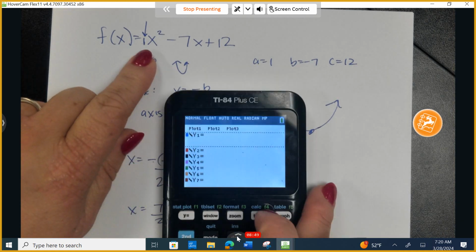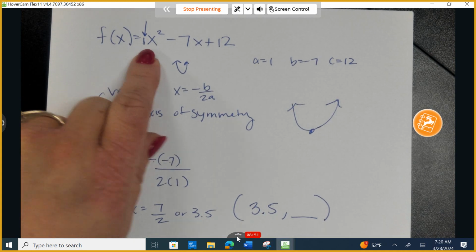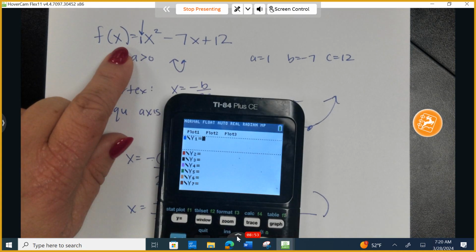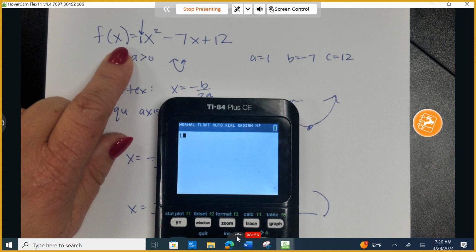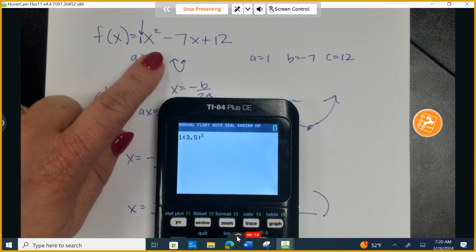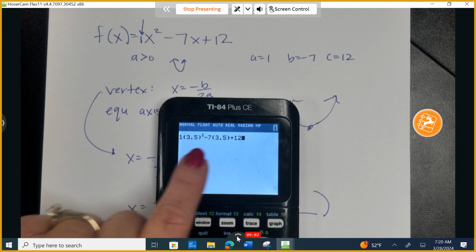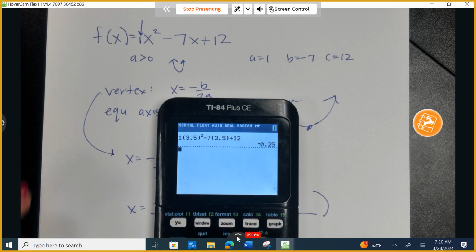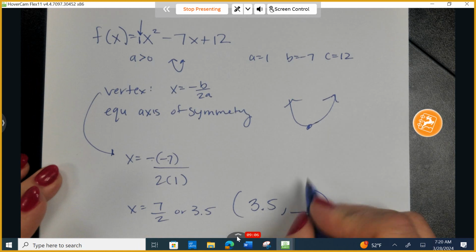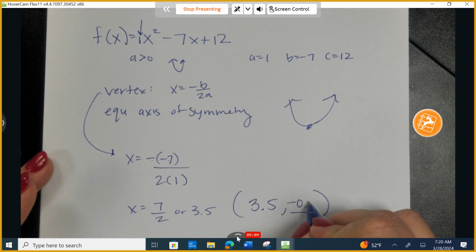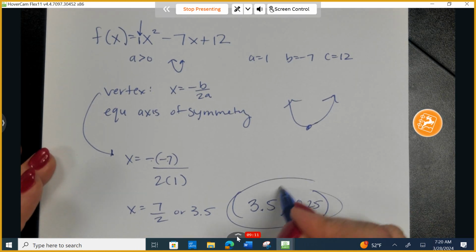So what I would do next is I'd come up here, taking this x value and plugging it back in. So I have 1 times 3.5 squared minus 7 times 3.5 plus 12. This is going to be the y value, so it's negative 1/4, negative 0.25. This is the vertex.